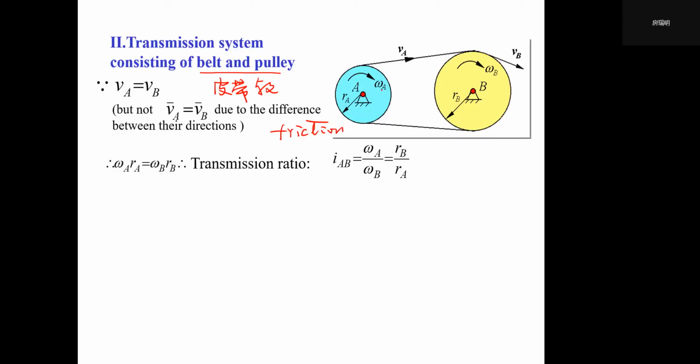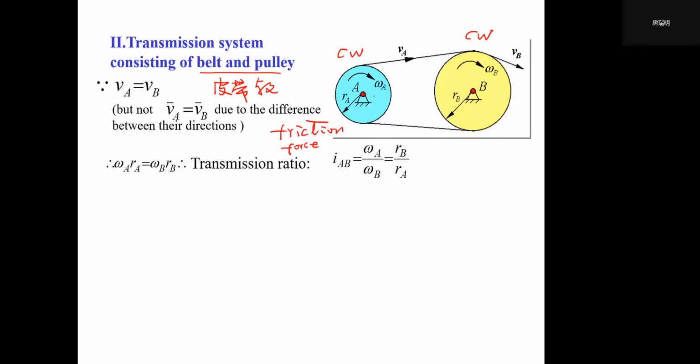Then also because of the friction force, this yellow one will rotate in the same direction as this omega A. So this omega A is in the CW direction, and this omega B will also be in the CW direction, right? Actually, it's because of the friction force.